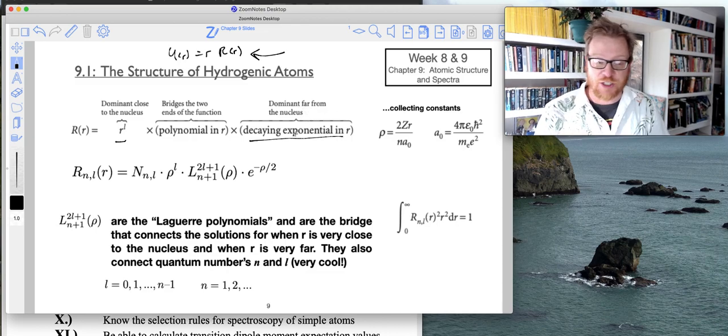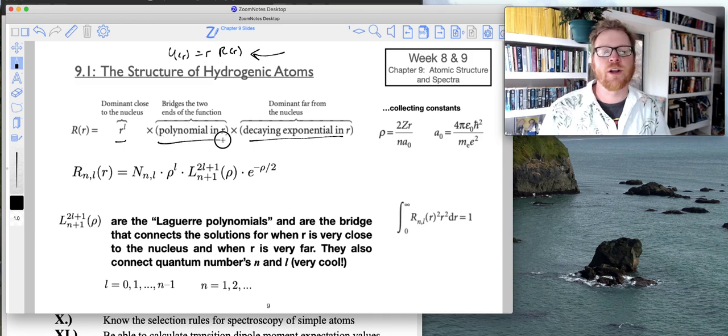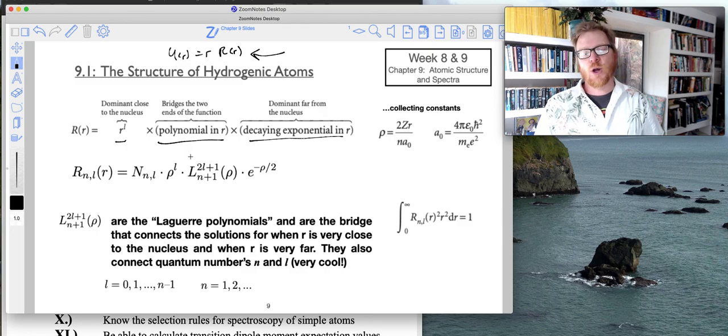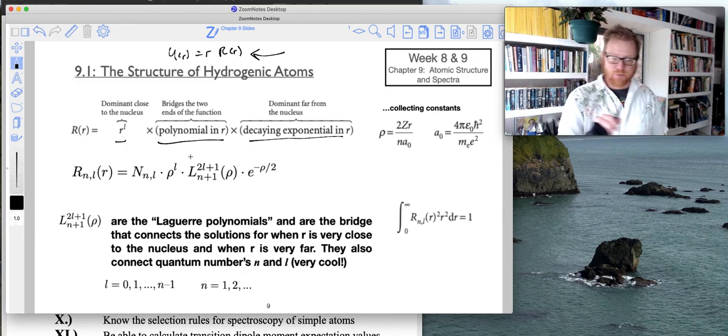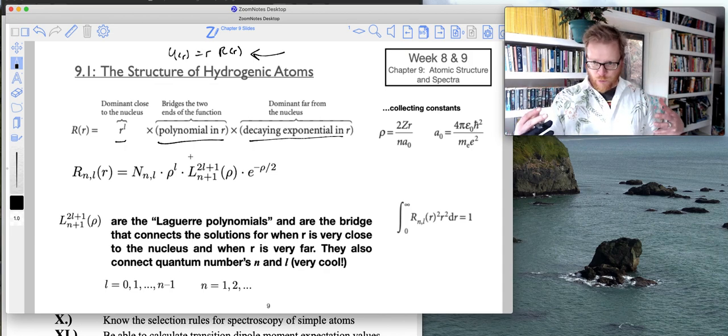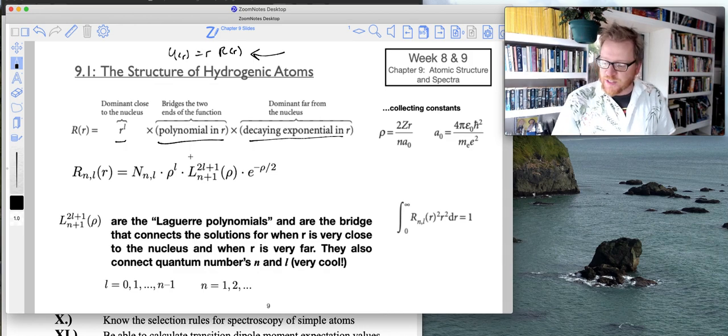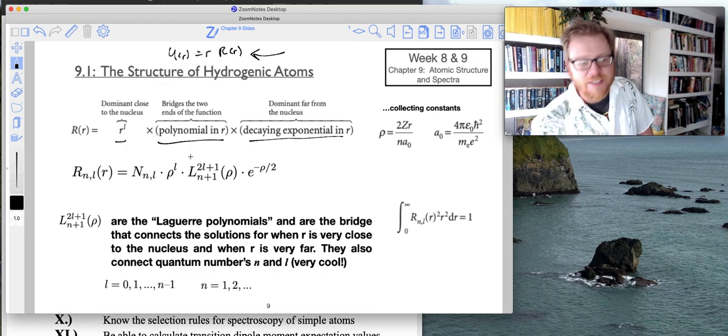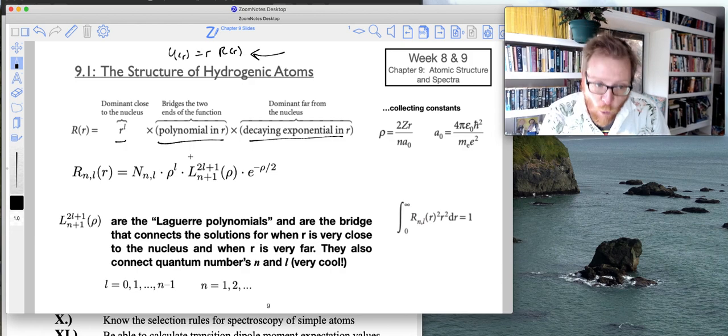That was the solution I just showed you. And now we get this polynomial in r, our solution for when there's no angular momentum. That bridges the in-between region where angular momentum and potential energy both affect the electron's position. Some very smart folks have solved this problem and normalized it.